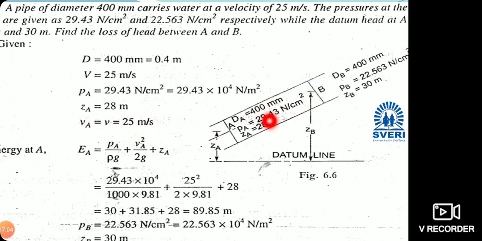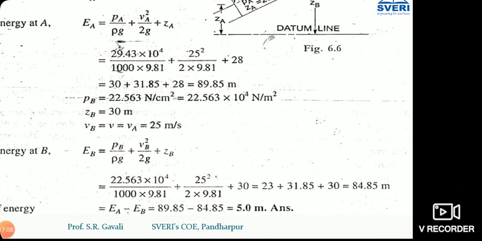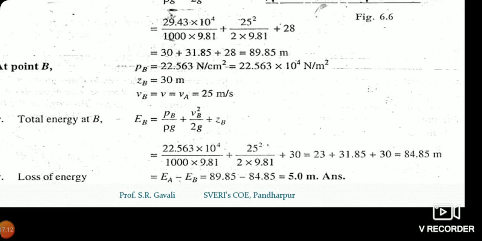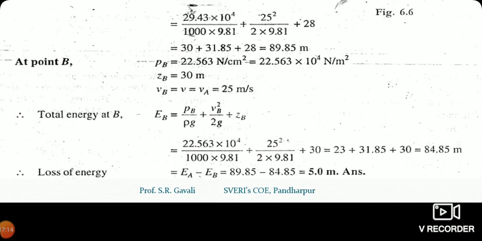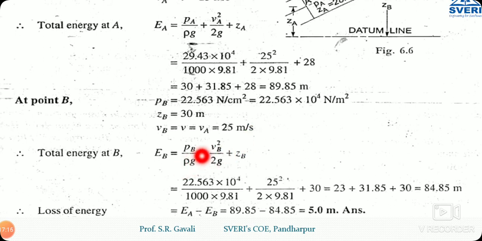Then the energy at B is PB upon rho g plus VB square upon 2g plus ZB, and if you substitute all the values in SI units, the energy at B is equal to 84.85 meter.